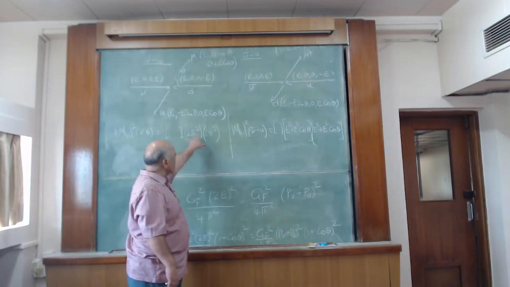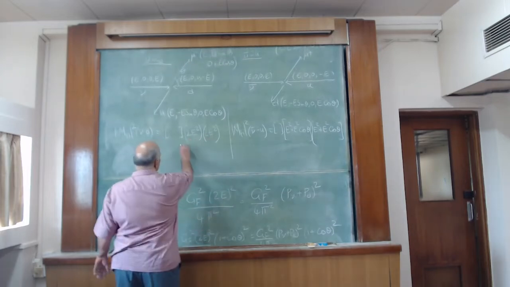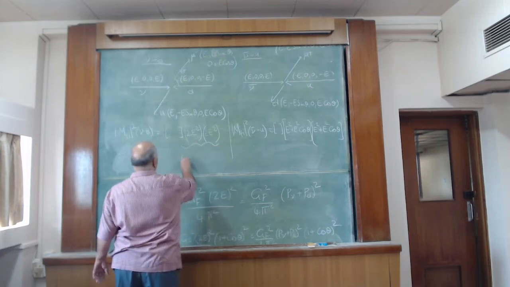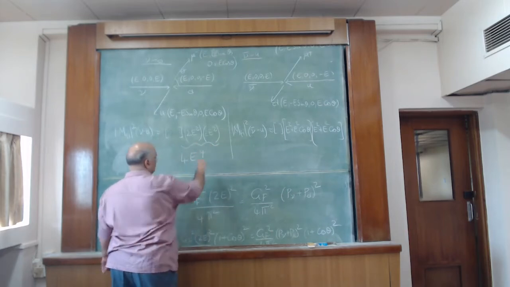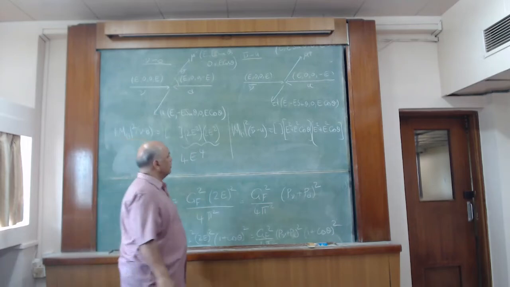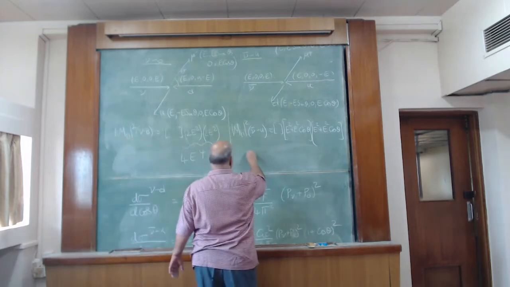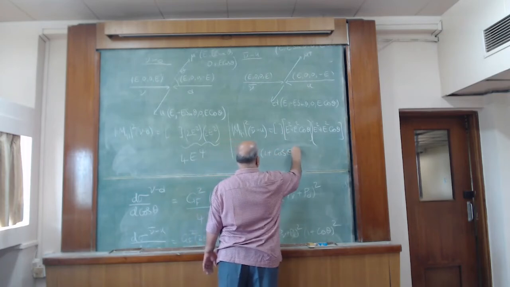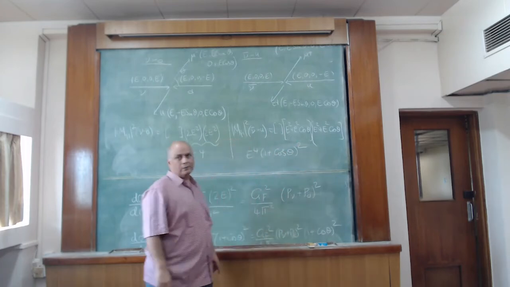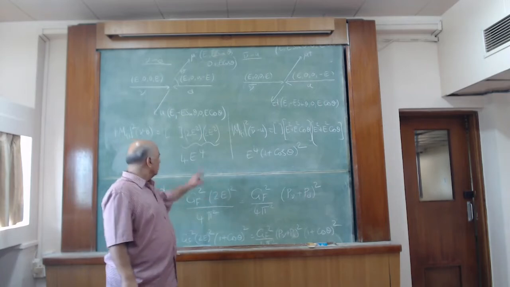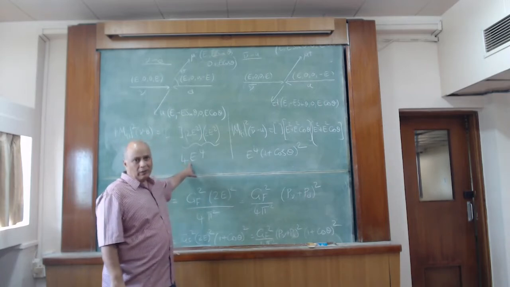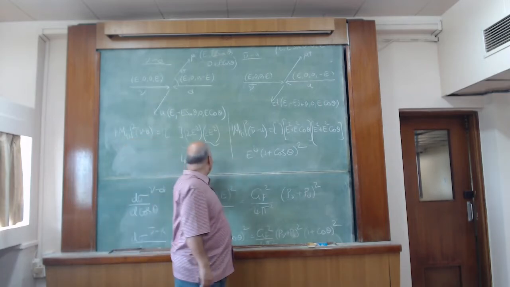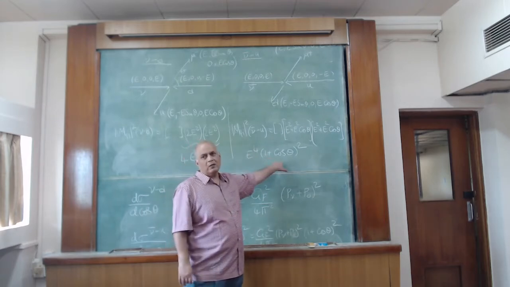This is 2e square times 2e square, so this is 4e power 4, whereas this is e power 4 times (1 plus cos theta) whole square. So there is a factor of 4 here, and instead here there is (1 plus cos theta) whole square.